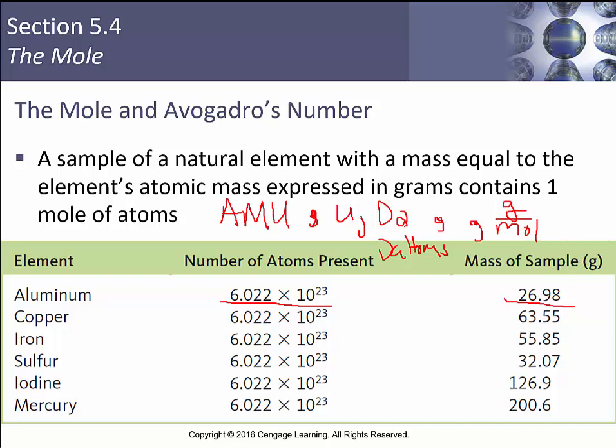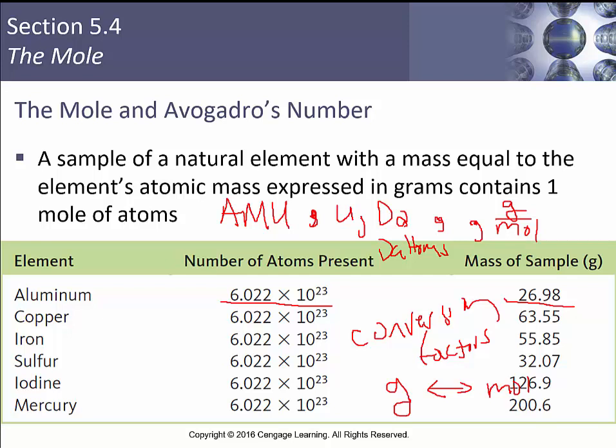This gives us a convenient conversion factor. Remember all the way back to video number 1 or 2 when I said that practically speaking, what we're going to be doing operationally when we're solving a lot of these chemistry problems is looking at conversion factors. Here we've got one that lets us go back and forth between grams and moles.